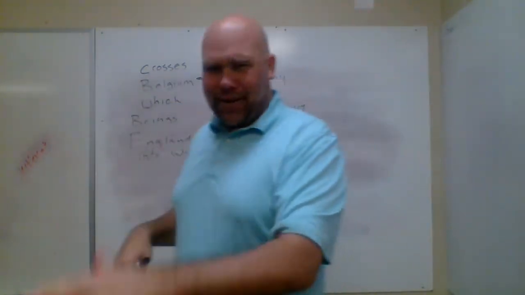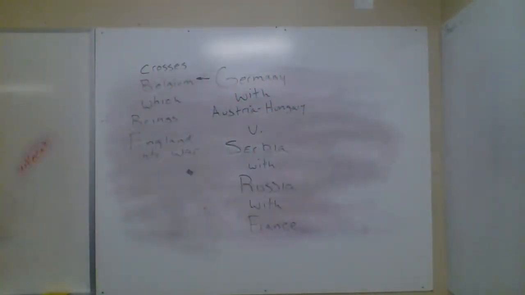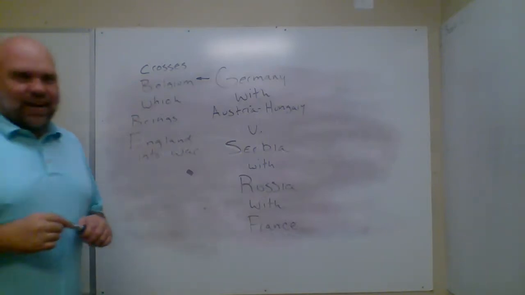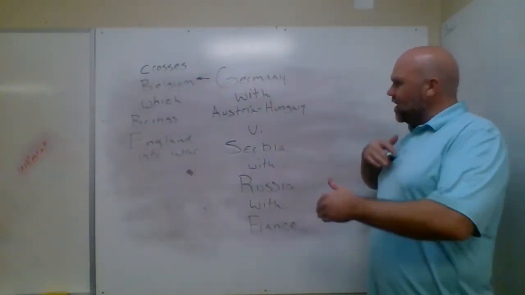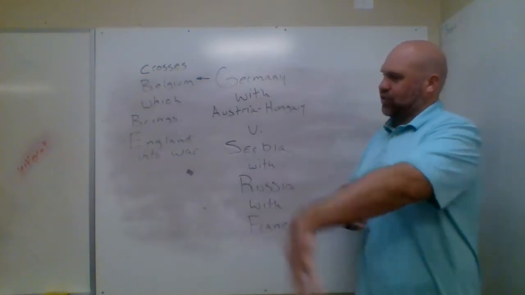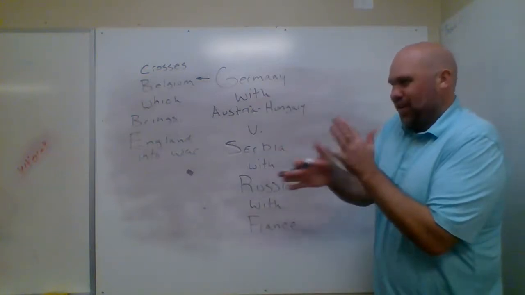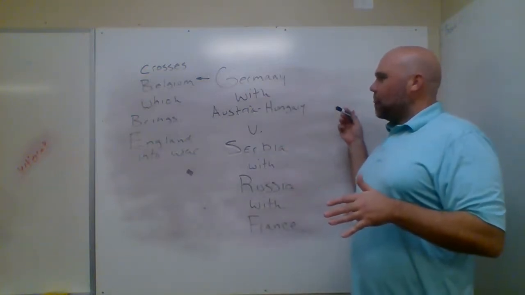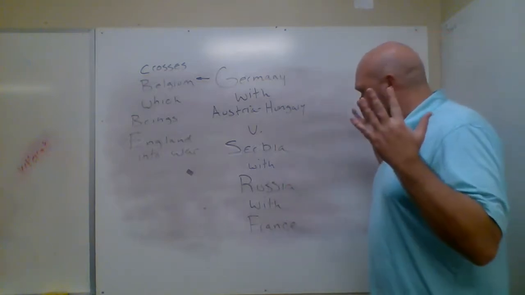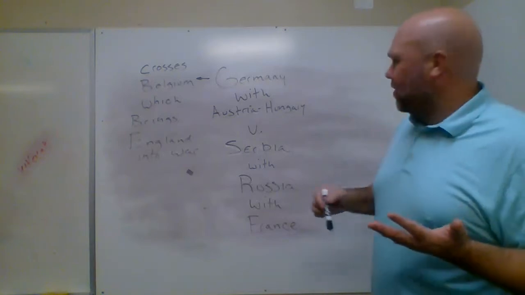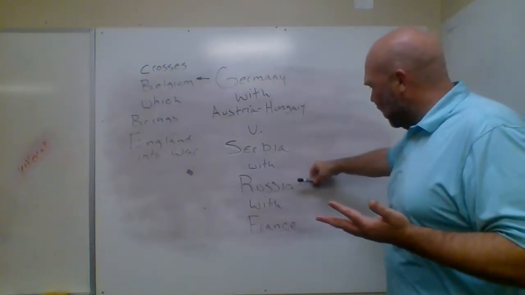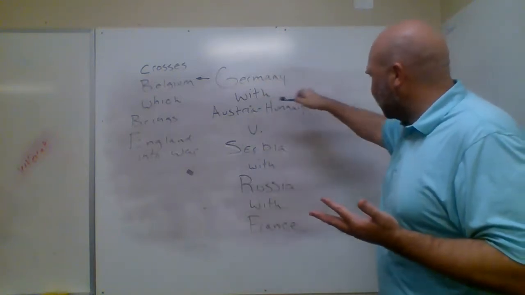I think I have the dates right here too, so hang on for a second. This all goes down. All of this happens in around a summer, like a month to 2 month period. All of a sudden, all of these countries. These are the major countries of Europe: Russia, France, Germany, England, Austria, Hungary.